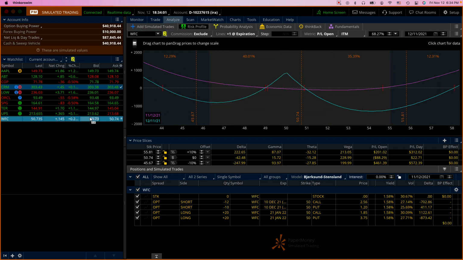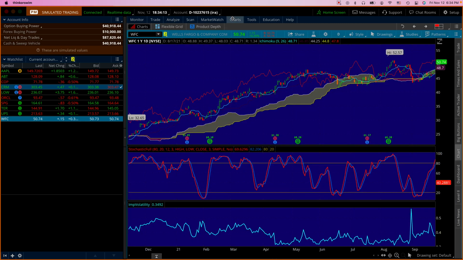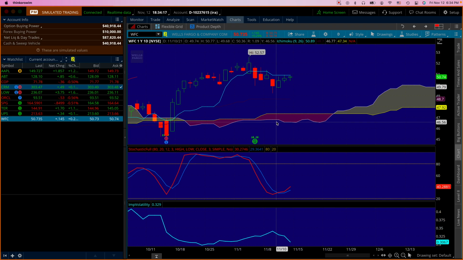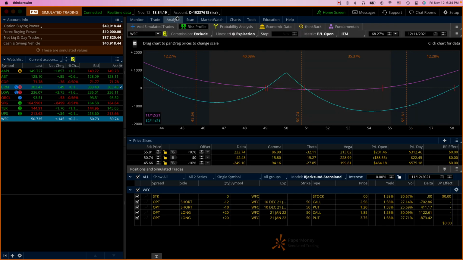WFC, that's Wells Fargo. It's a weird trade. You see I have less shorts here on the put side. It's a little negative. Let's look at the chart. I want to neutralize it again so you can sell puts again.